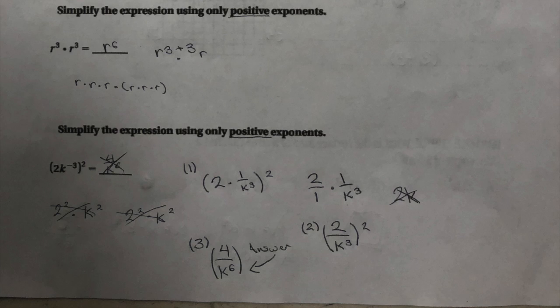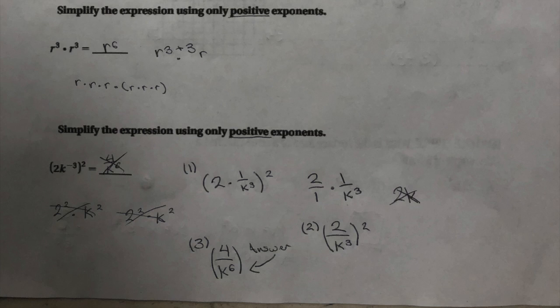Number 5. Simplify the expression using only positive exponents. Parentheses, 2k to the negative third, end parentheses, to the power of 2. Your first step is going to be 2 times 1 over k to the third, then close parentheses and you have the power of 2.